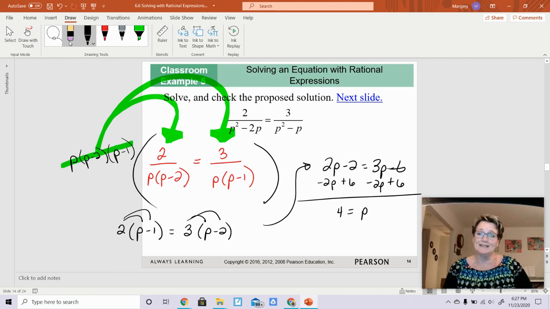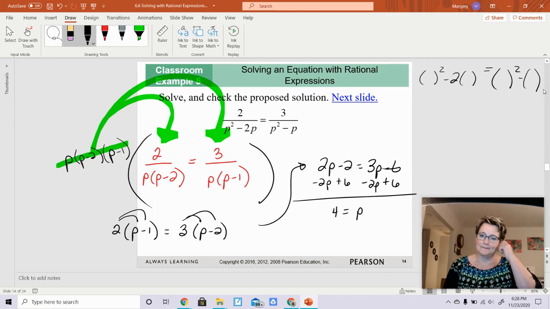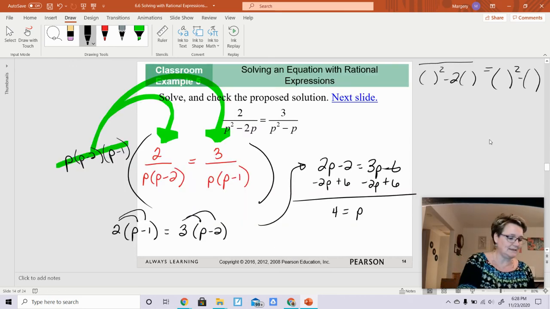Now, you need to check your answers. So I have something squared minus 2 times something equals something squared minus something. Uh-oh, I ran out of room. Let me see what's going on. Okay.